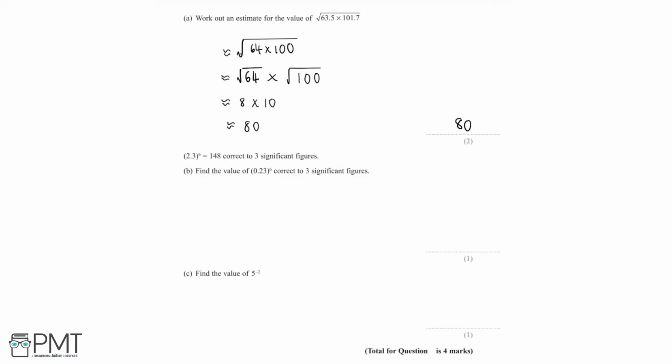And we need to find the value of 0.23 to the power of 6, correct to three significant figures. Now 0.23 can be written as 2.3 divided by 10. And so we can say that 0.23 all to the power of 6 is the same as saying 2.3 divided by 10 all to the power of 6. Now using our index laws, we can say that this is equal to 2.3 to the power of 6 divided by 10 to the power of 6.